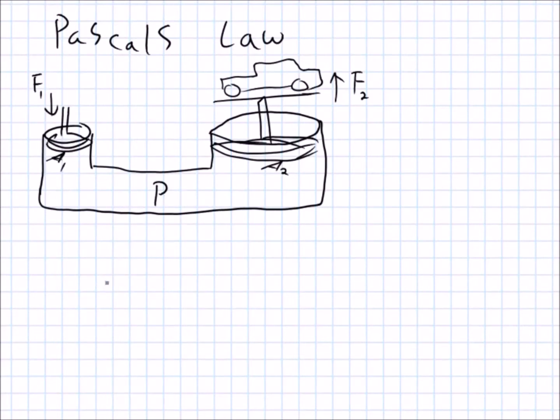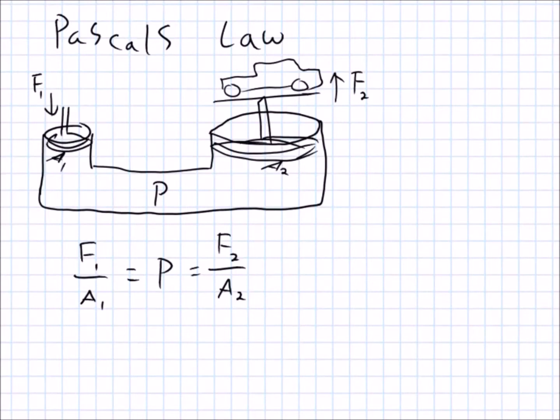Well, we said the pressure everywhere is the same, so I could say that the force over area, F1 over A1, is equal to that pressure, right? Because that's the definition. But also the pressure is the same on this side, so F2 over A2 is also equal to that pressure.